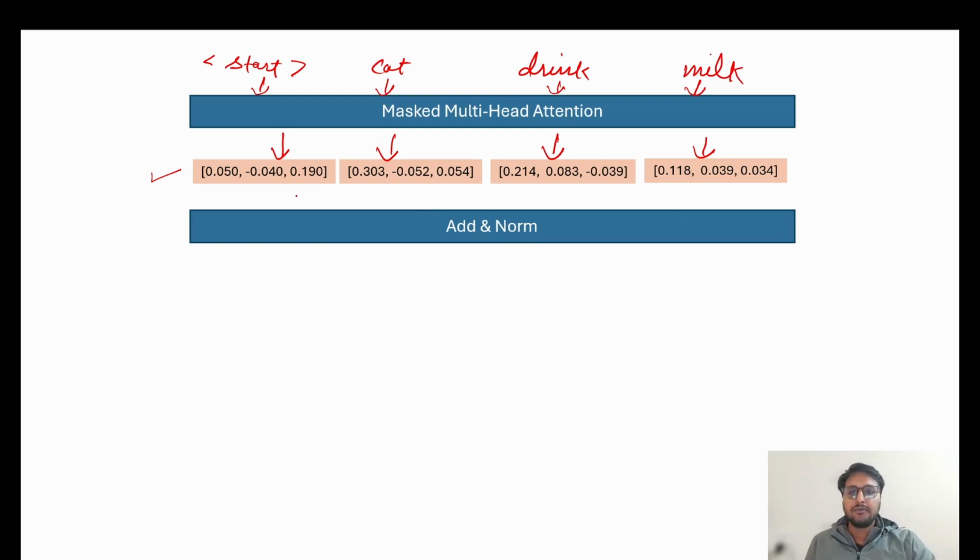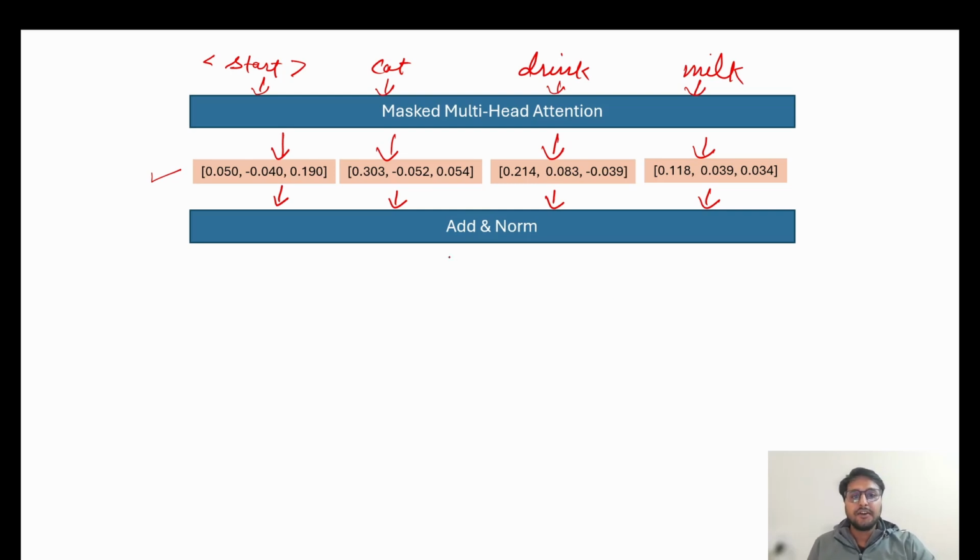Now there is another layer, the add and norm layer. In this layer we add the original embedding to the output of masked multi-head self-attention. Why are we adding? Because this helps in gradient flow and it preserves the original information, which I already explained in my last videos. If you have not watched them, please do watch those videos first to understand clearly.